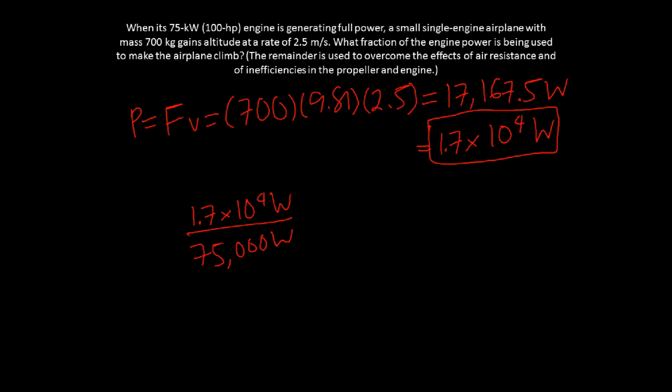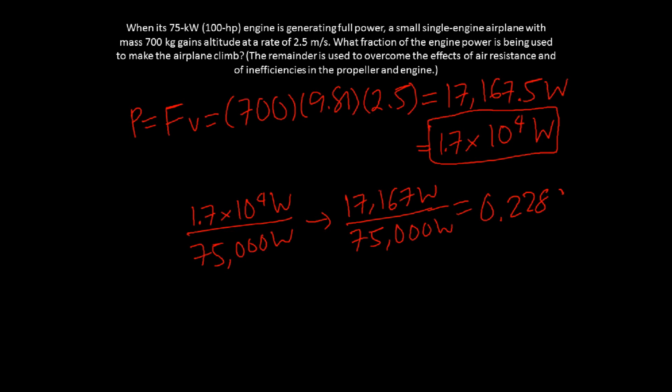It is better to use the exact amount to have better accuracy in your computations. When you compute this, your answer will be 0.2289, and rounding this to the least number of significant figures gives you 0.23.